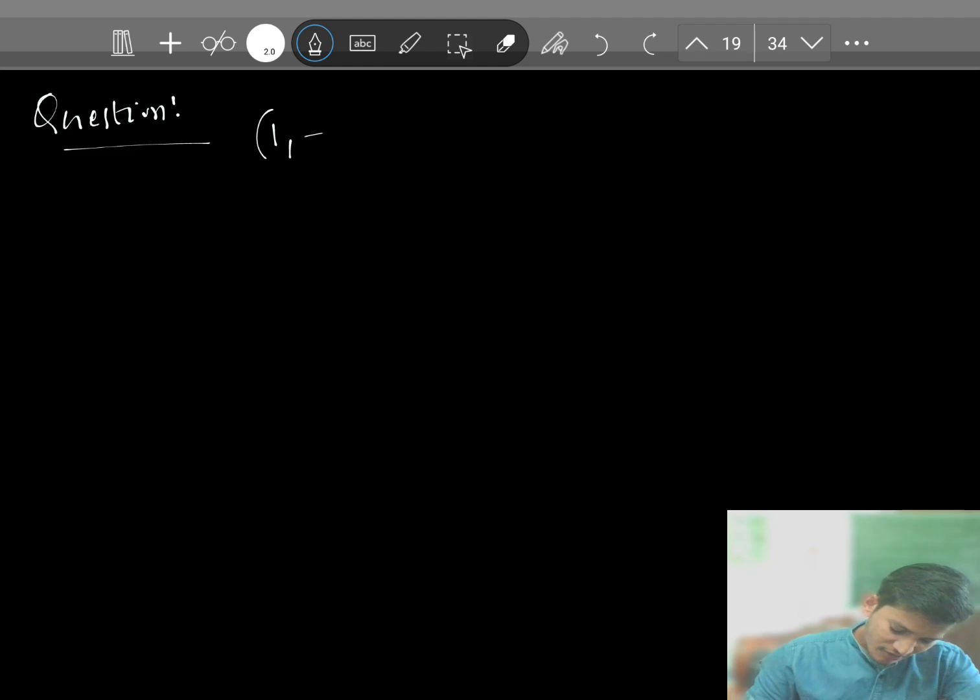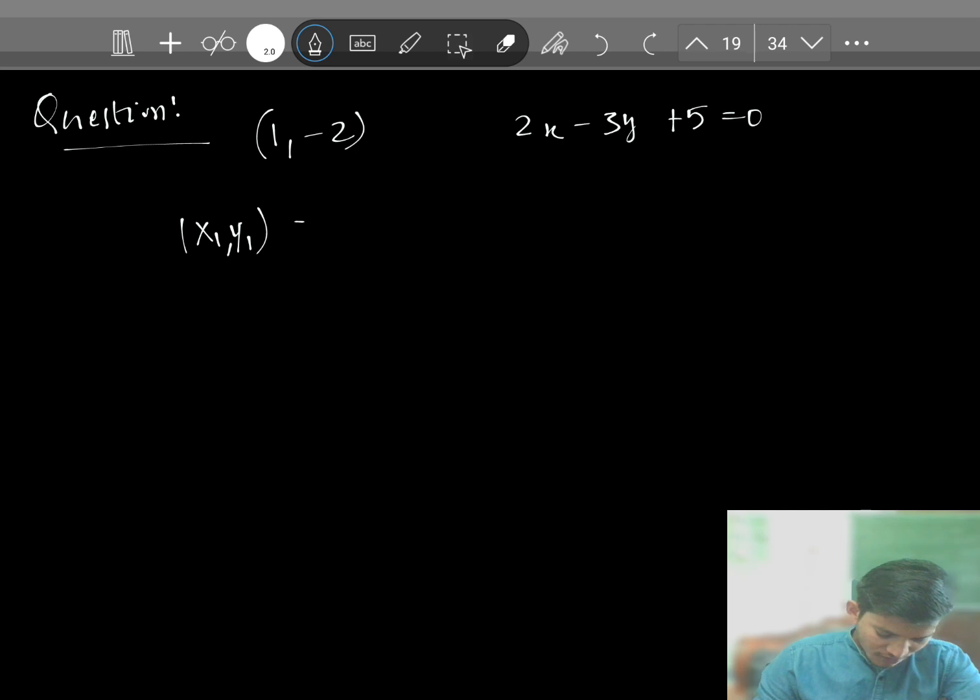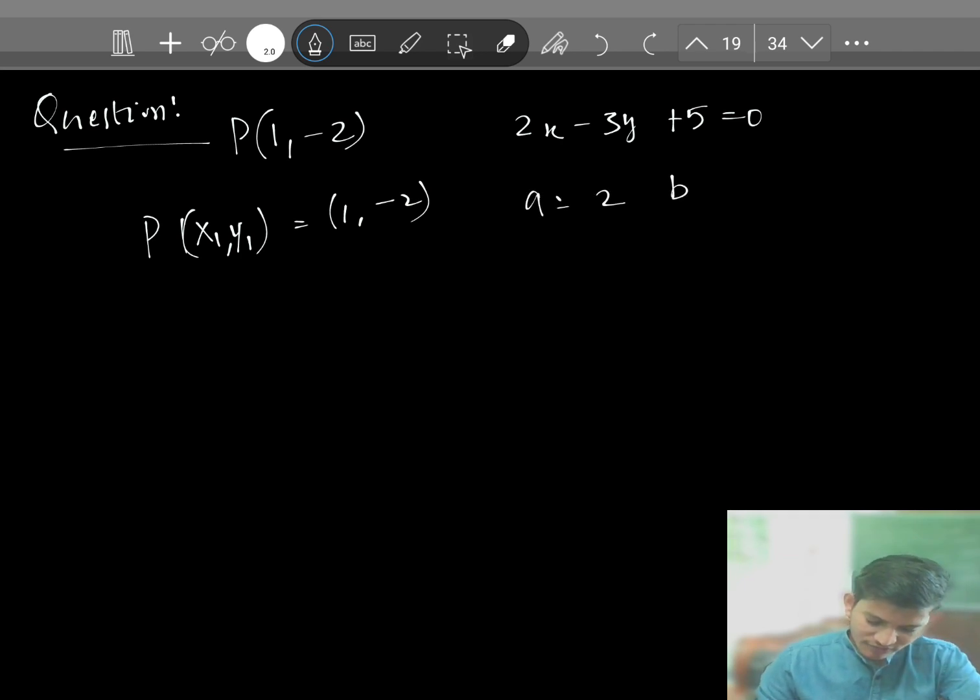The point is given as (1, minus 2) and 2x minus 3y plus 5 equals to 0 is the straight line equation. So the x1, y1 values are 1, minus 2, this is point P. The value of A equals to 2, the value of B equals to minus 3 and the value of C equals to 5.